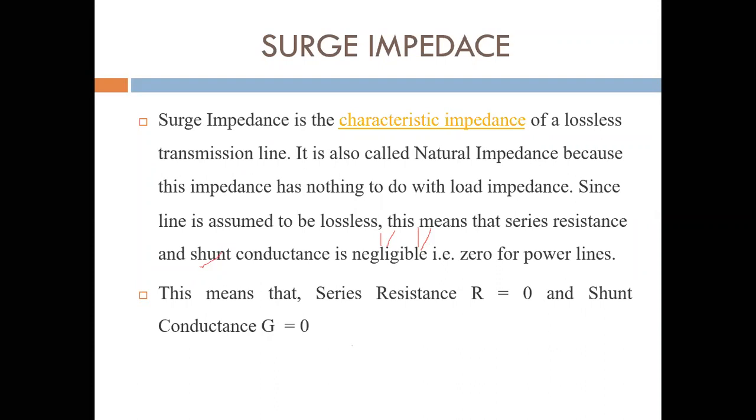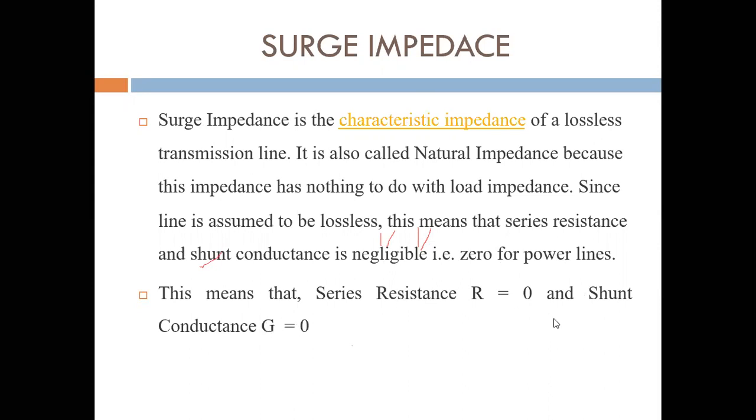A loss-free transmission line means that the resistance and the shunt conductance are equal to 0.